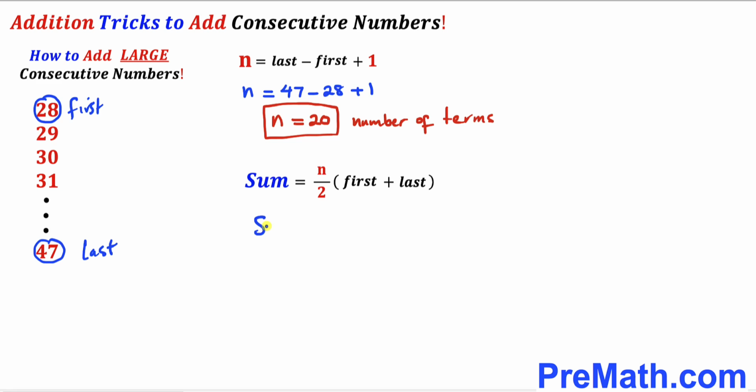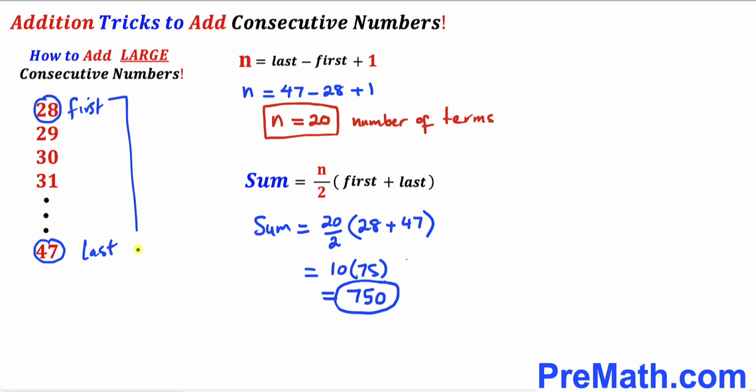So the sum is 20 divided by 2 times 28 plus 47. 20 divided by 2 is 10, and 28 plus 47 gives us 75. So the sum is 10 times 75, which gives us 750. That is the sum of all these numbers.